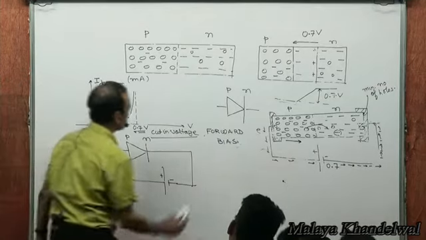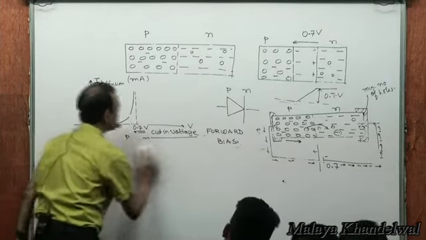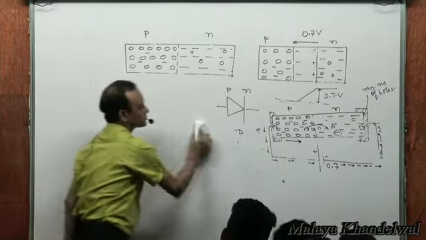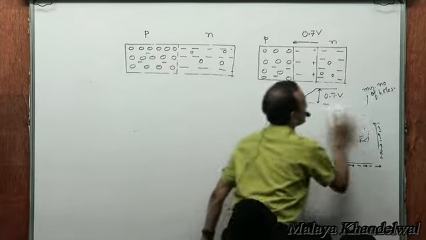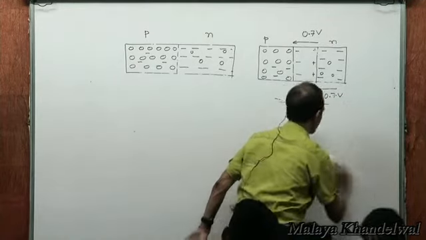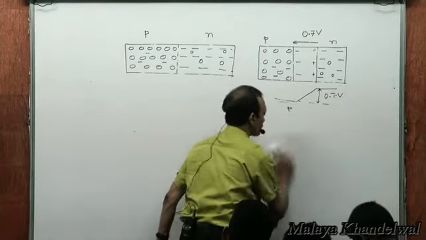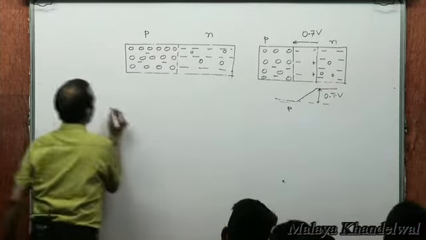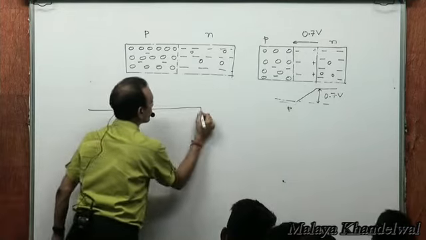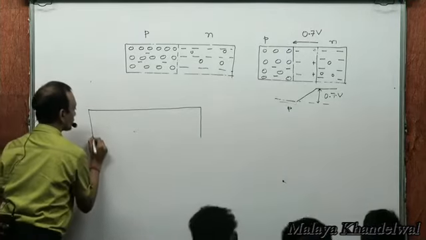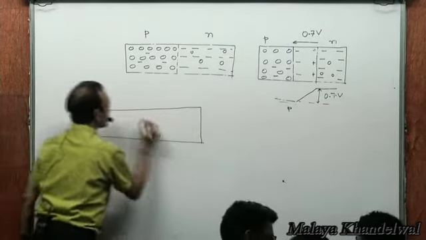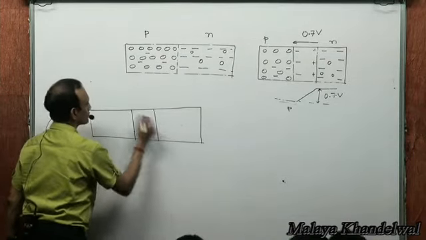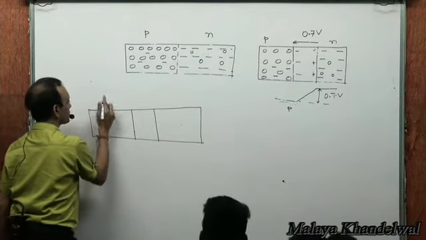Now, let me take another arrangement. This was my depletion layer. This is P type.